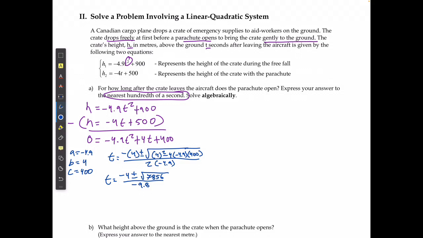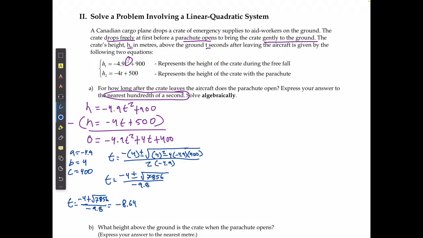Now, I can't simplify this further, so I'm just going to have to solve for the two possibilities. One possibility is that t is going to equal negative 4 plus the square root of 7,856, all divided by negative 9.8. And to the nearest hundredth, I get negative 8.64.